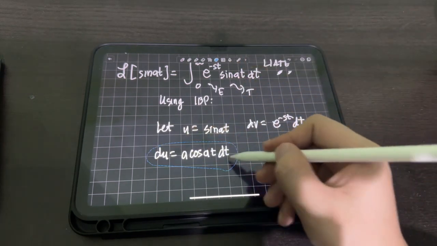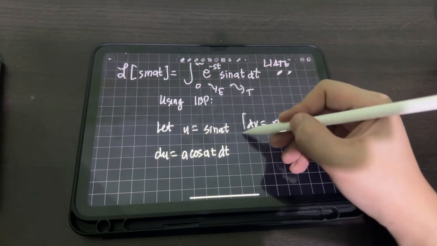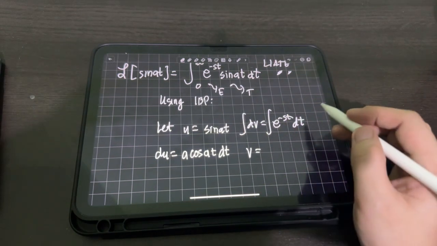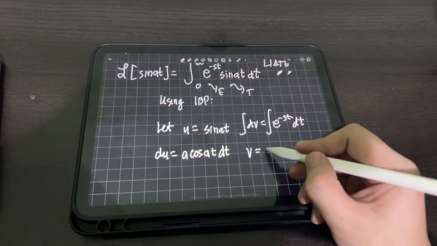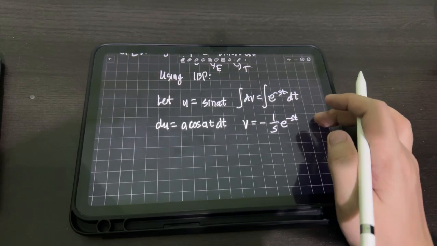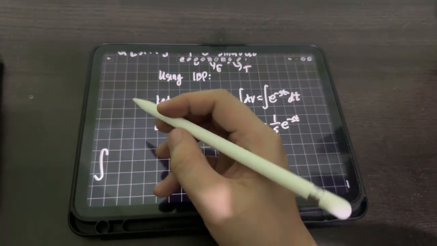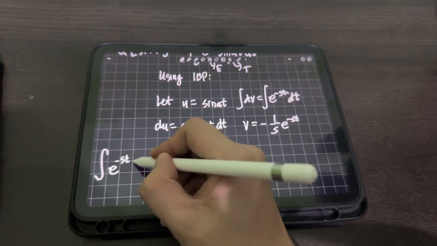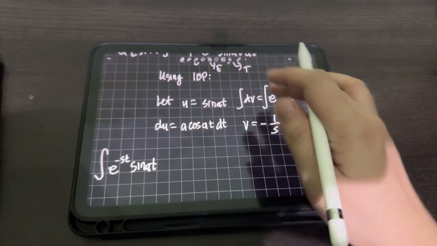Then for the dv, we integrate both sides. Integral of dv is v. Integral of e to the negative st dt is negative 1 over s e to the negative st.